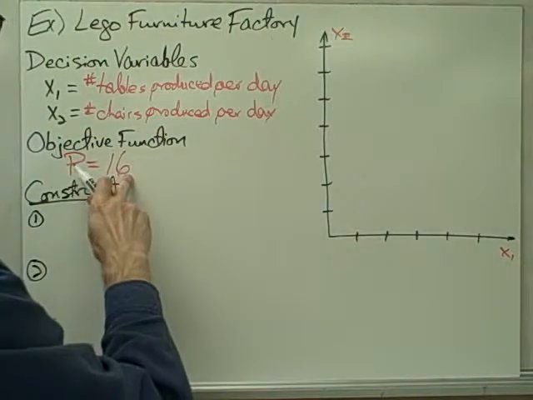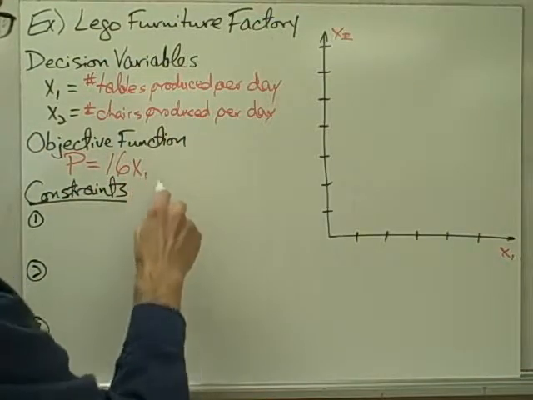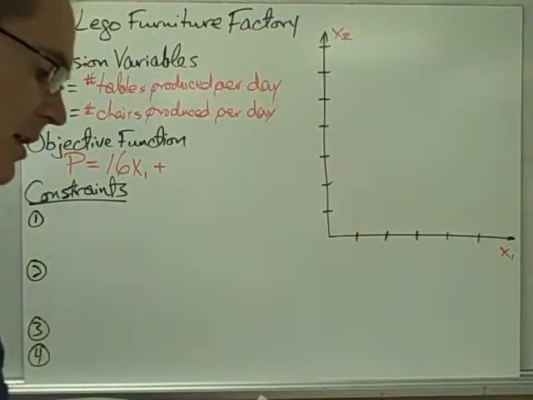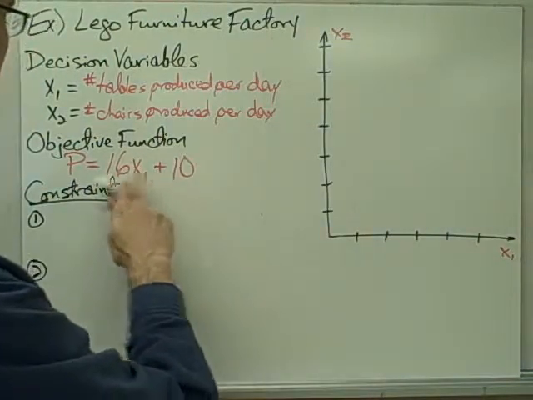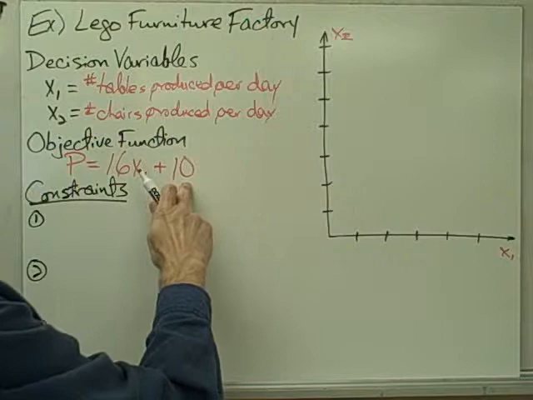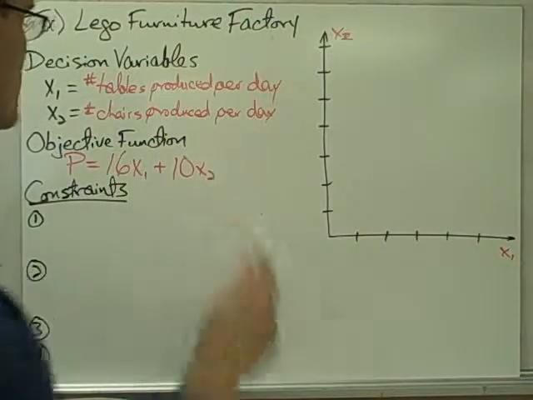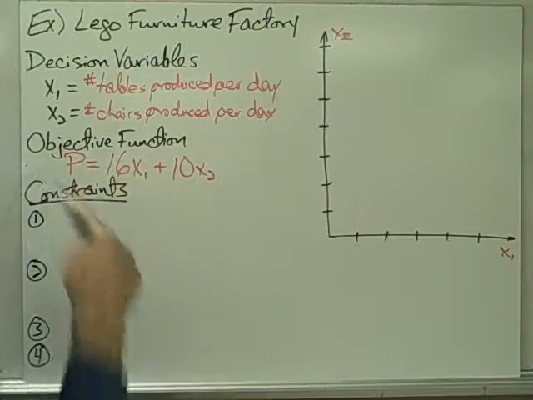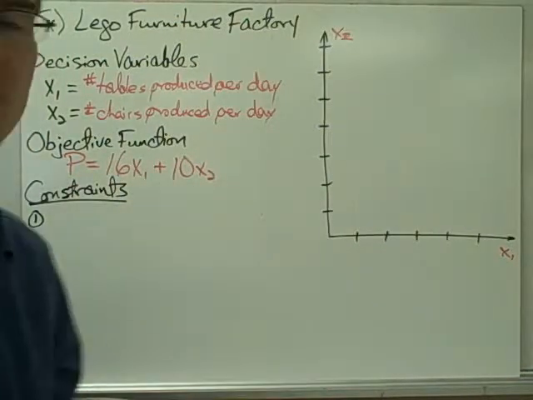So our profit is going to be 16 times the number of tables that we sell, plus, we make $10 for each chair sold. So our profit is also going to include 10 times the number of chairs sold. So this is going to be our total profit: 16 times the number of tables plus 10 times the number of chairs.